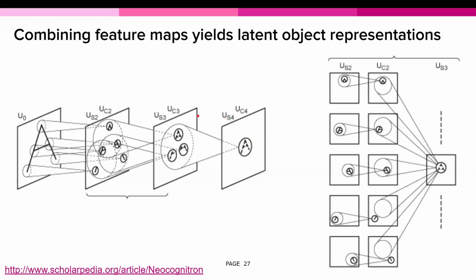By combining the detection of these basic components like edges or corners with detecting the presence of relationships between these features, the neocognitron forms an abstract internal representation of the object.